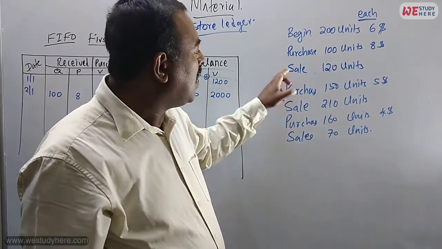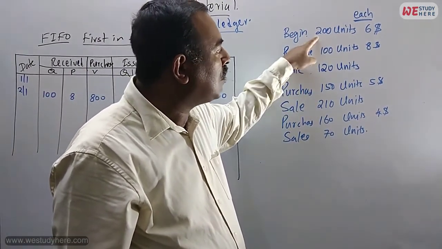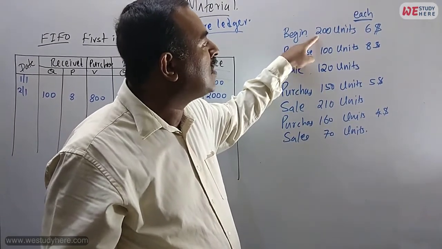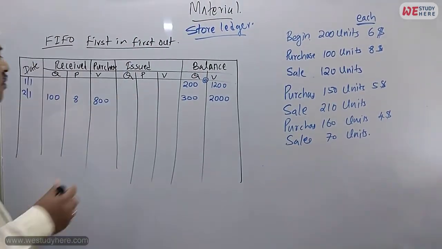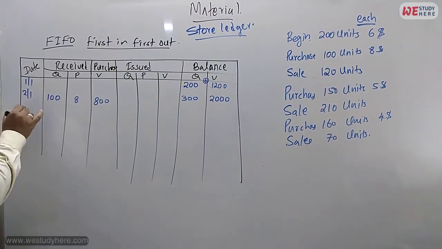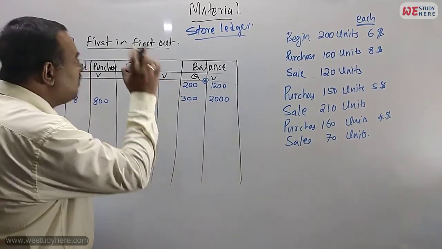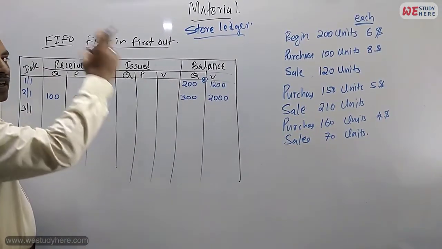Okay, now 120 we have to give. That 120 we can easily give from this 200, right? Then if we give 120, how much balance now? 80 balance. Now we have to issue 120 units on the next day, 3/1, from first in, first out. Which one came first? This 100 or 200? This 200, right?